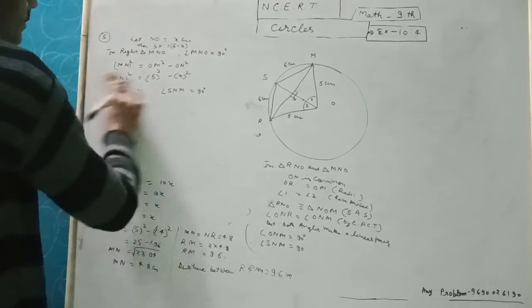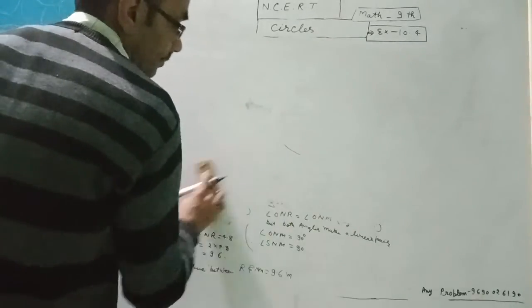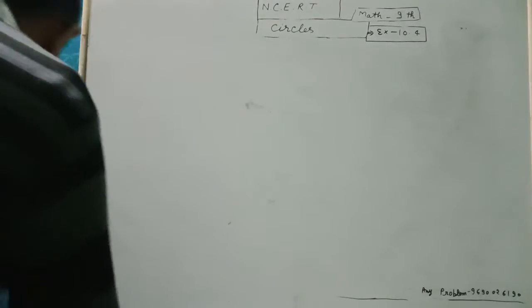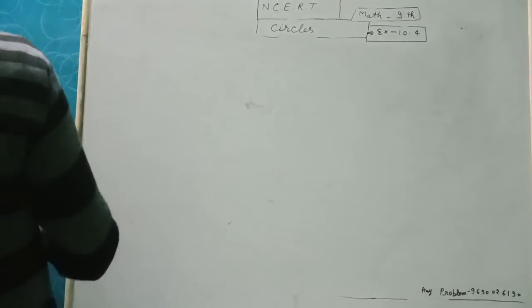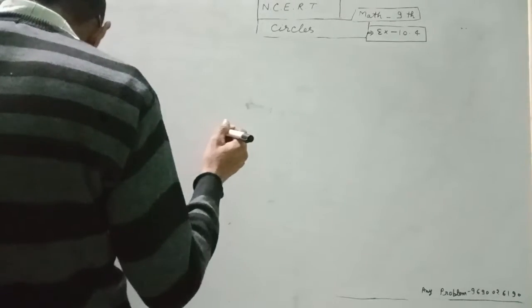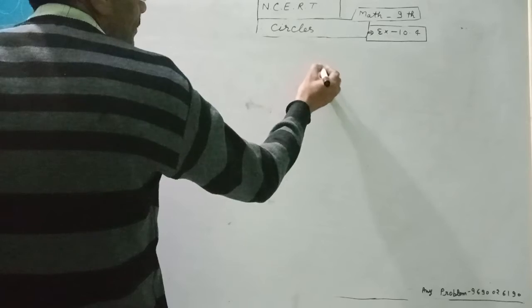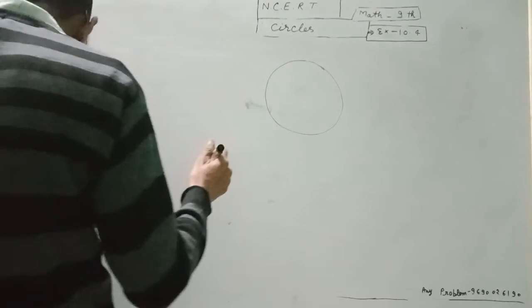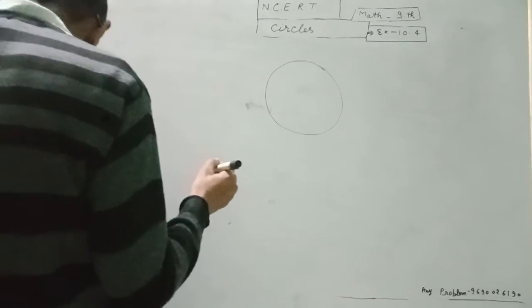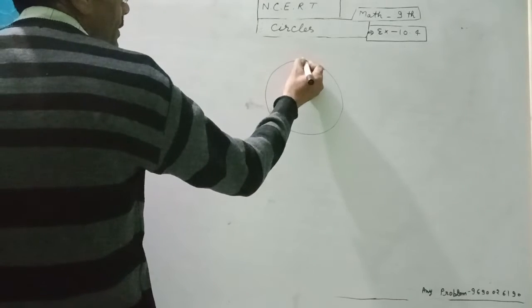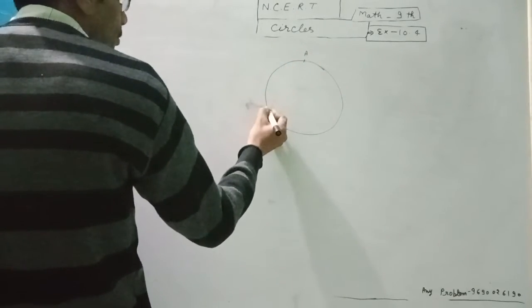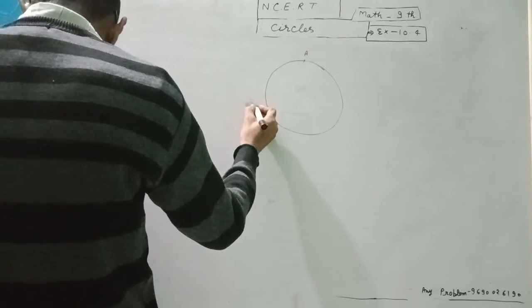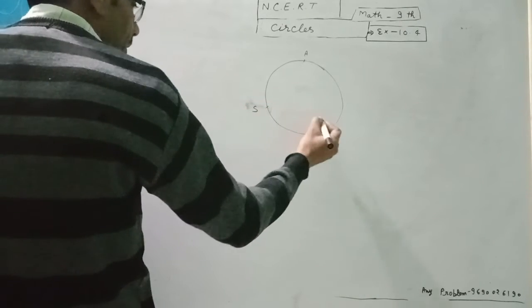Question number 6 is: Ankur, Syed and David are sitting in a circular shape at equal distance. Let the sitting be Ankur, Syed and David.